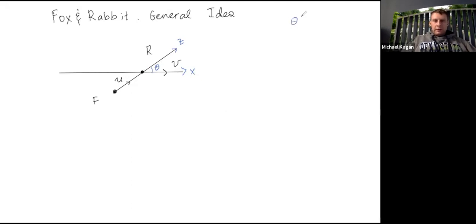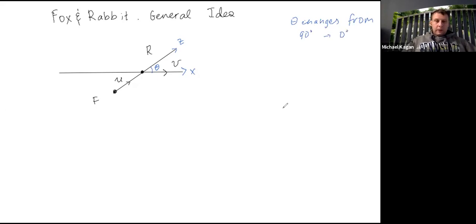Theta changes from 90 degrees initially to 0 degrees at the end.